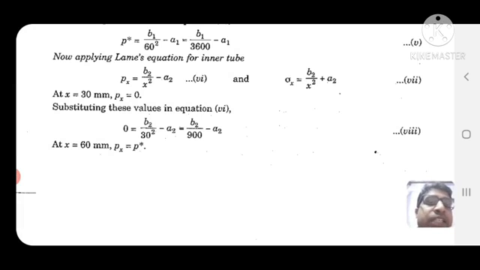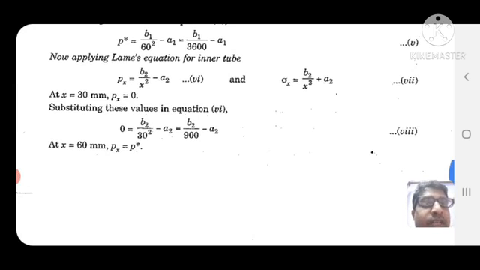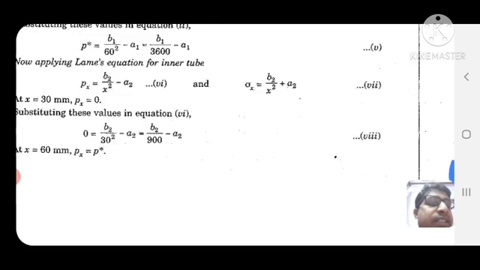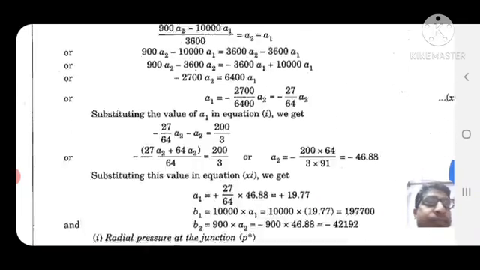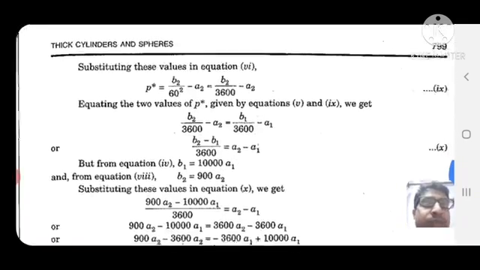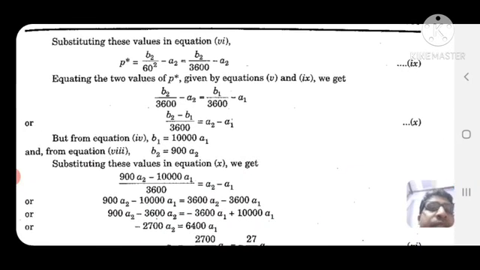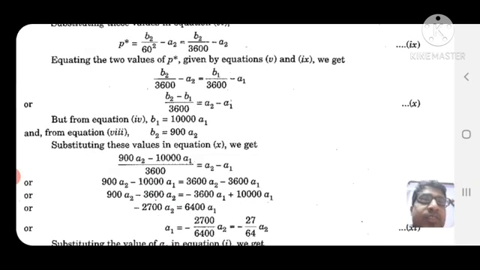Substituting these values in equation 6, 0 equal to B2 by 30 square minus A2, so B2 by 900 minus A2. At x equal to 60 millimeter, Px equal to P star. Substituting, P star equal to B2 by 60 square minus A2, so B2 by 3600 minus A2.